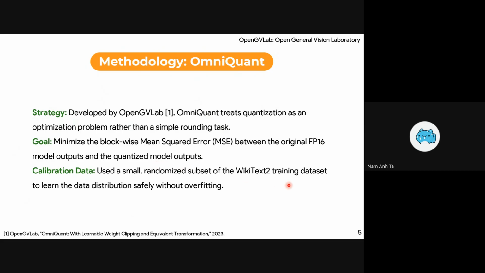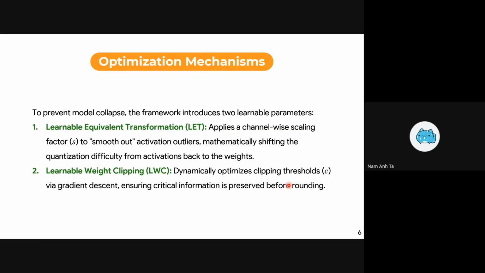And we're not simply rounding the numbers, like I just mentioned. We will use a small randomized subset of Wikitext2. Wikitext2 is a text data set, so we can use this small subset as calibration data to support the quantization process. For the optimization mechanism, we will use 2 learnable parameters.